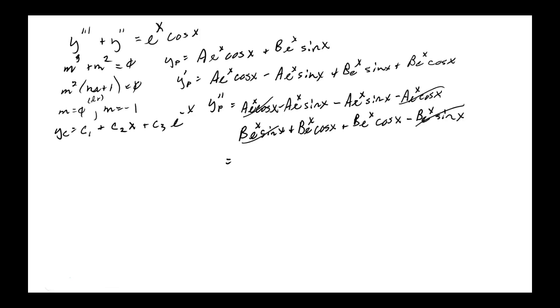So y particular double prime is, I'm going to lead with the positives first again, 2b e to the x cosine x minus 2a e to the x sine x. Okay to do it that way?